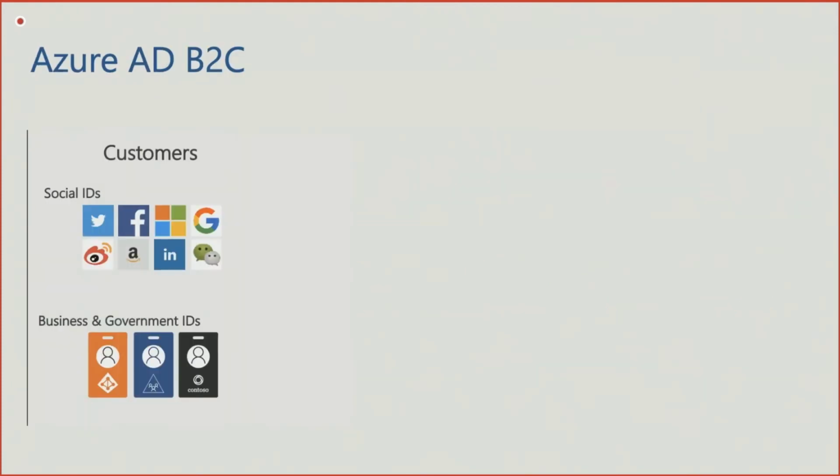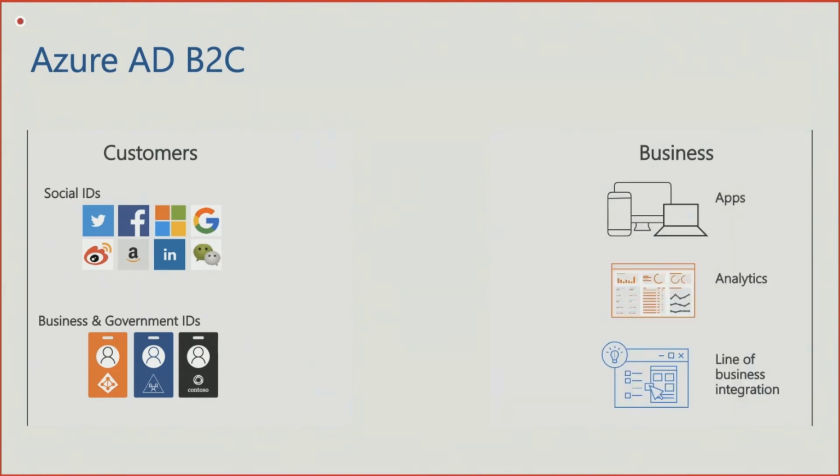So Azure AD B2C, you have your customers, your social identities, and perhaps your business and government identities. Whether that's Contoso Azure AD, 10th Magnitude Azure AD, or perhaps federal government uses Ping or something like that, you can bring all those on. Then you have your applications that you want your users to access.